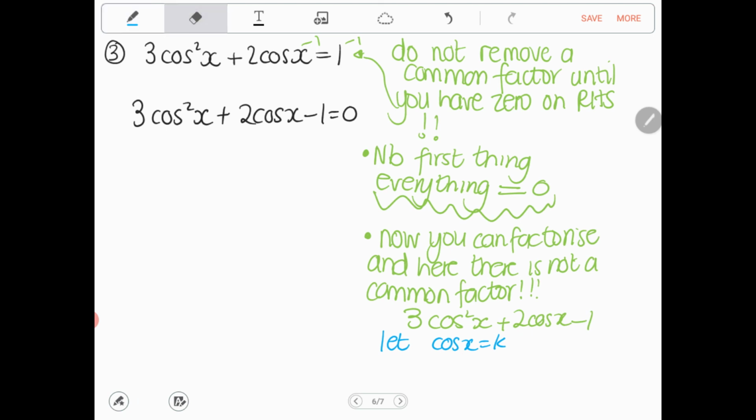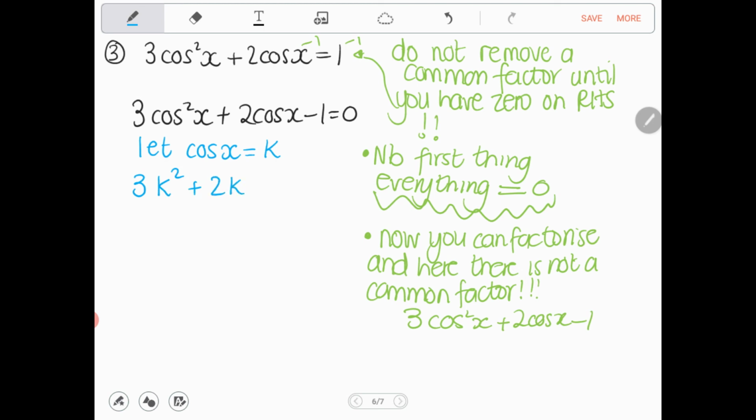Let me do it up here. So we're going to have 3k squared plus 2k minus 1 is equal to naught. And once you've done that, or you probably could see the trinomial already, but here you can see that it's a trinomial, k squared, k, and your number.